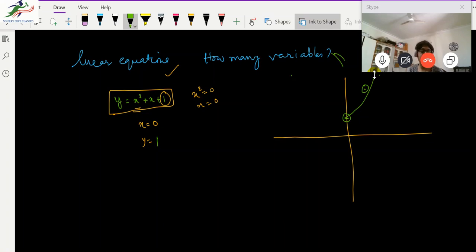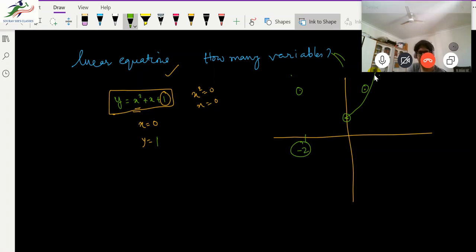If we take minus 2, then y will be 3. Minus 2 means 4 plus 1, 5 minus 2, 3. Minus 2, y is 3. Why can we take minus 1? Yes, take minus 1.